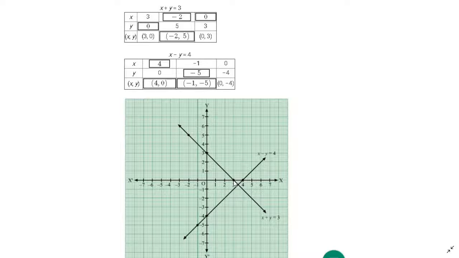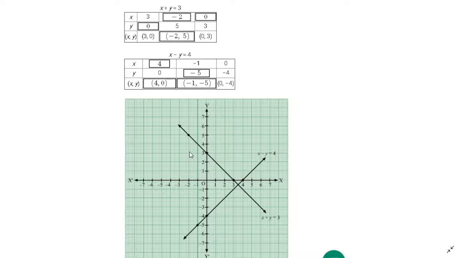What is the second point? Minus 2 comma 5. x is minus 2. Let's see where is x minus 2. x minus 2 is here. I am showing it, x is minus 2 here. And what is the value of y? y is 5. So where is 5? Positive 5 is upward side, right?